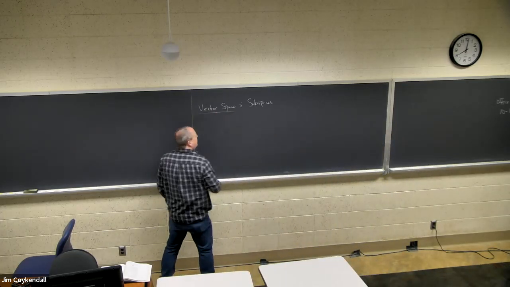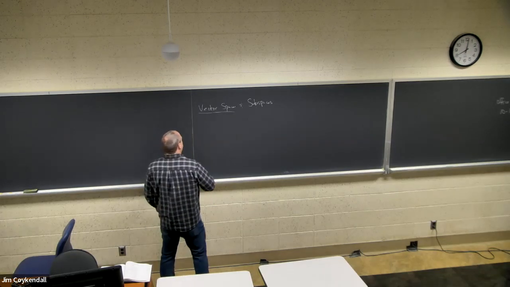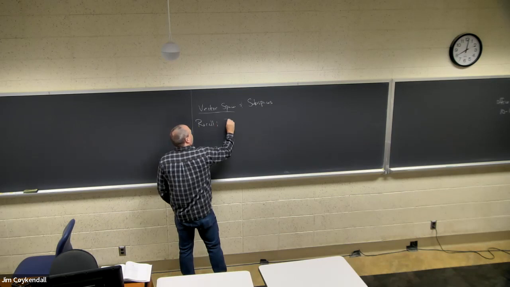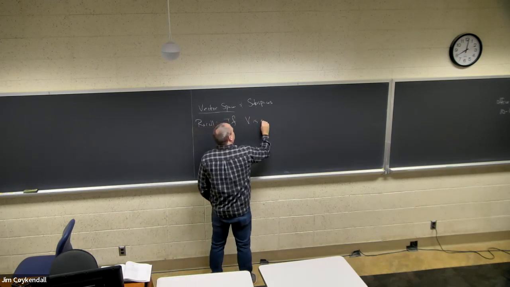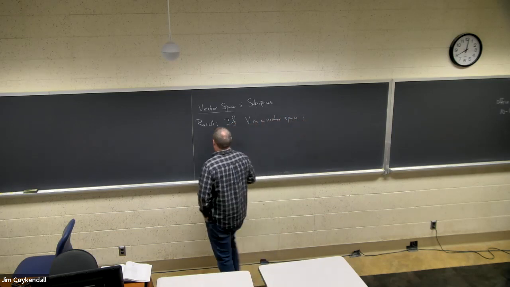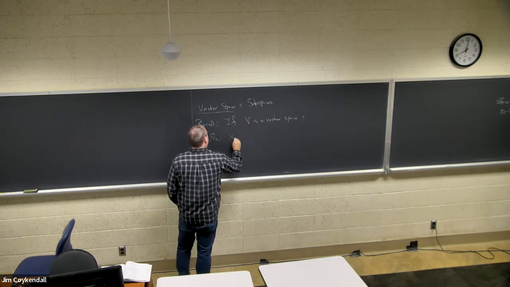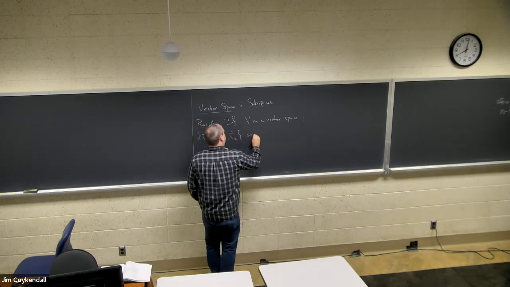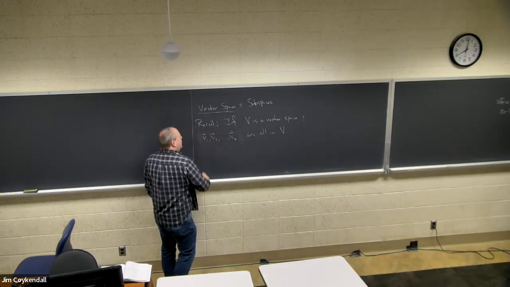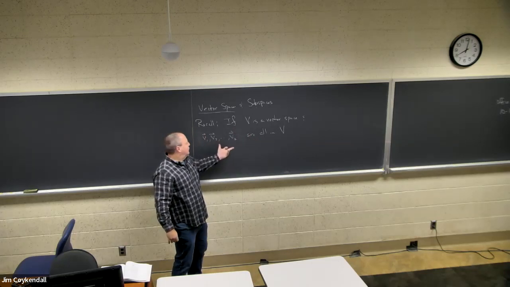So we went over what a vector space was last time, and that's kind of a long list. I think I had 9 things on there. Recall, if V is a vector space, suppose you have any vector space and you pick any collection of vectors inside of V that you want.